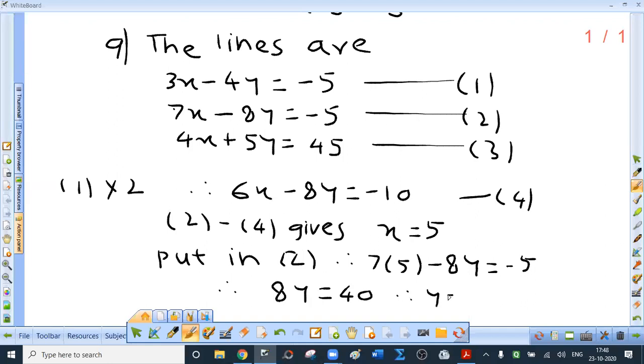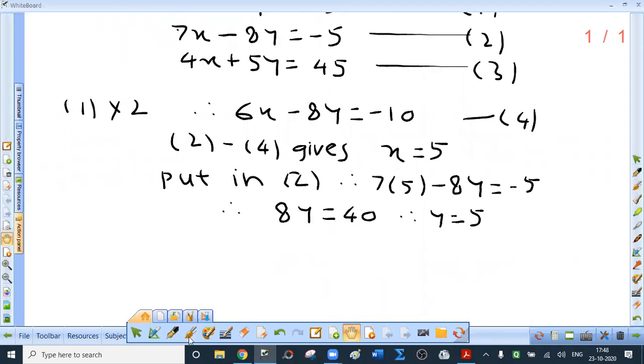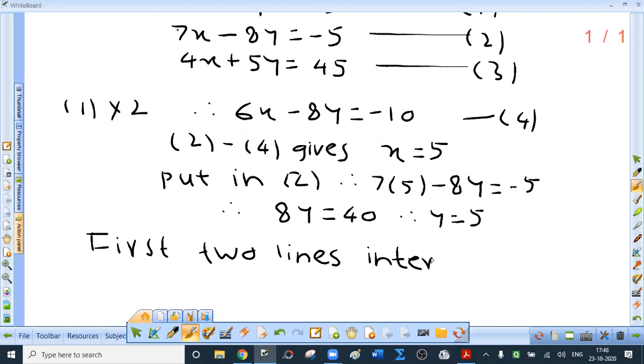So y is again 5. Okay. So I will say first two lines intersect in 5, 5. Now we have to verify whether these coordinates satisfy equation 3 or not.